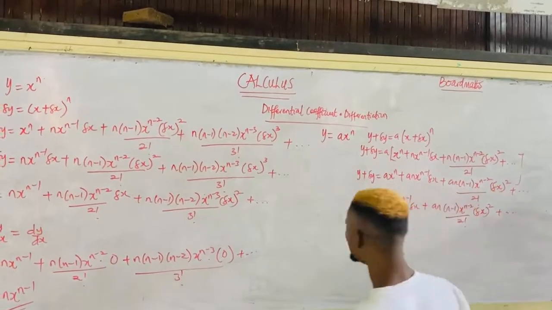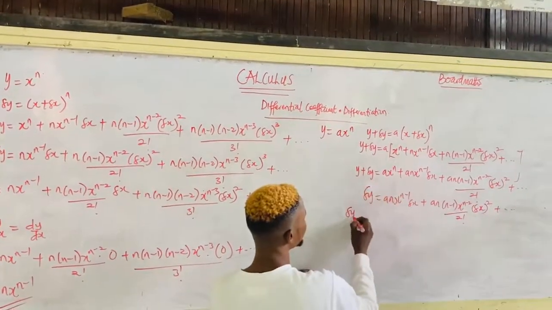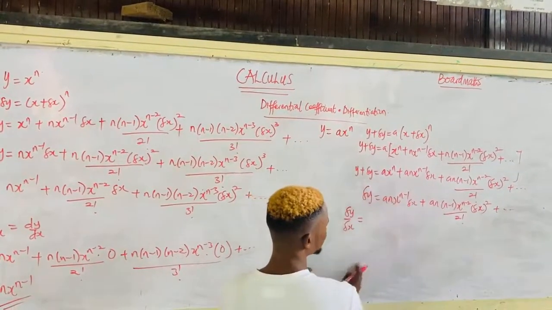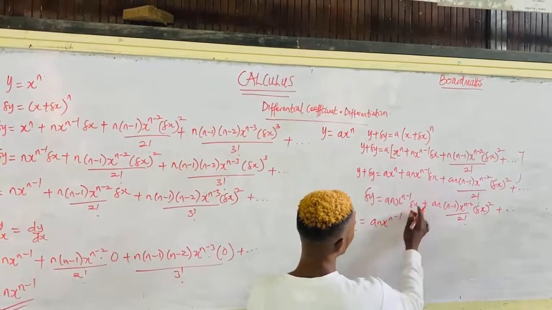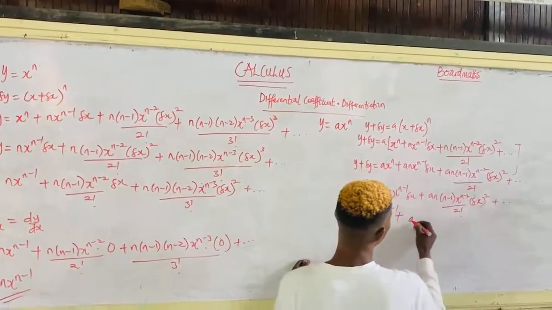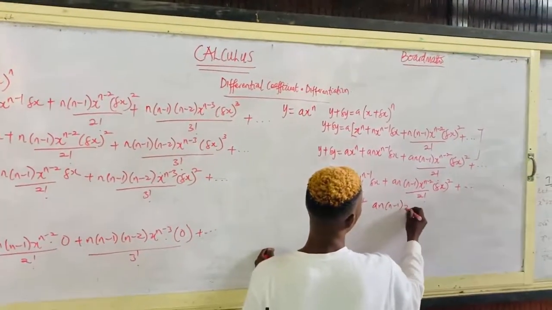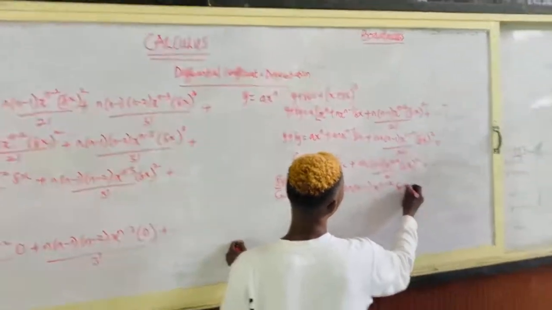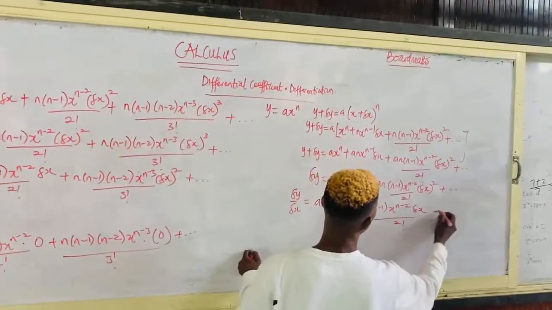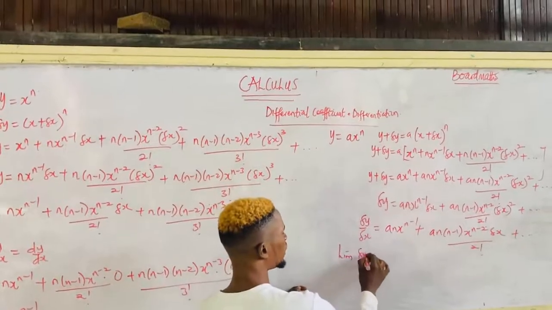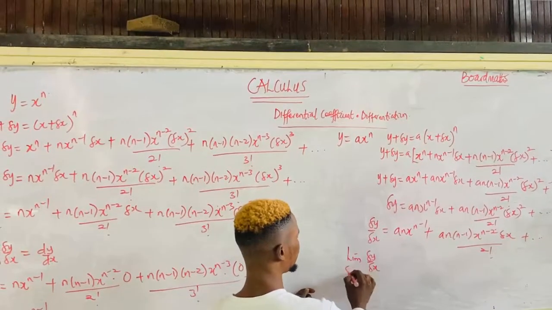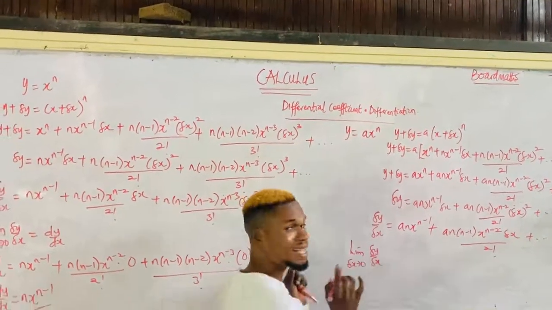Now the next thing to do is what? Find the rate of change of the increment, del y over del x. So divide all through by what? Del x. So this out, divide here, that becomes an(n-1) x^(n-2), that becomes del x all over 2 factorial. Now after, take the limit of del y over del x, the rate of change of the increment, at which del x tends to 0.